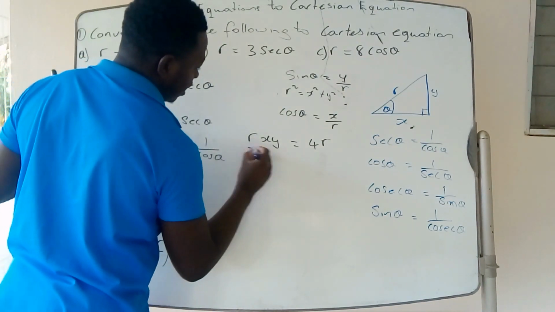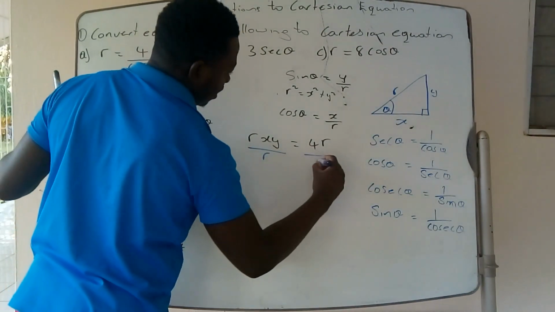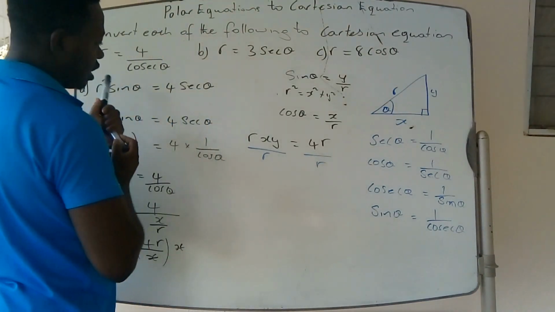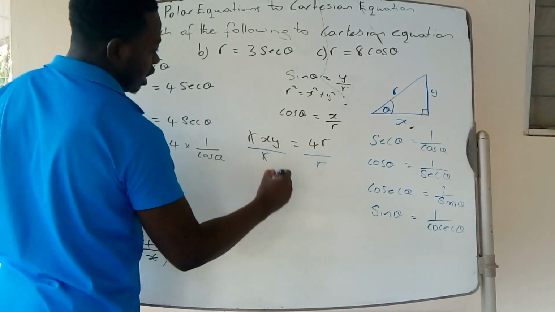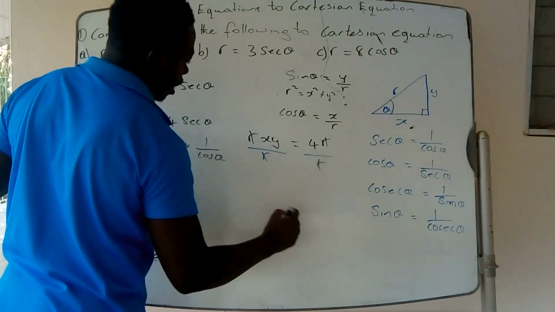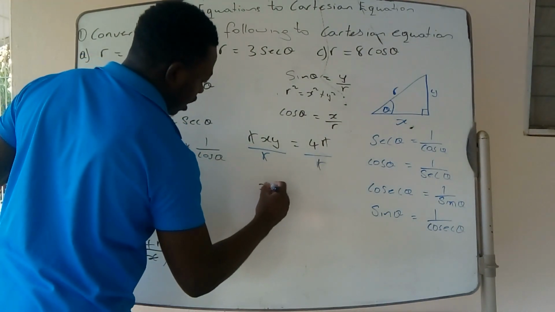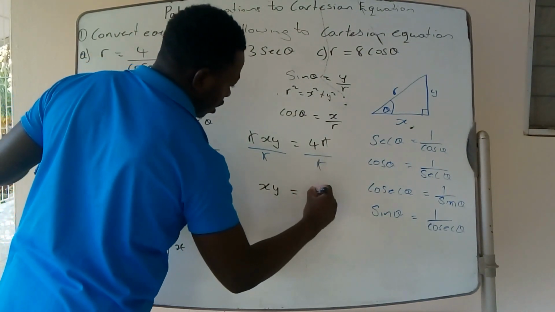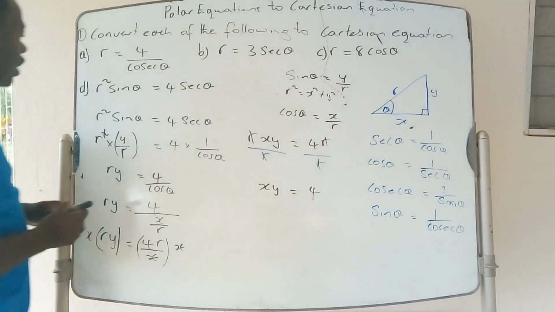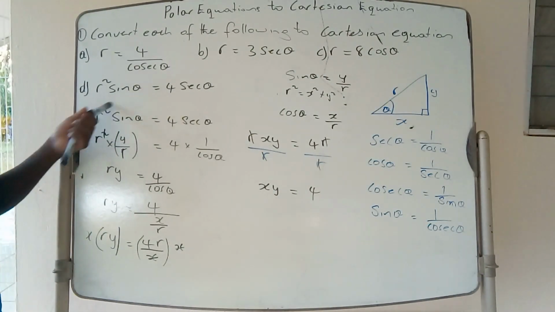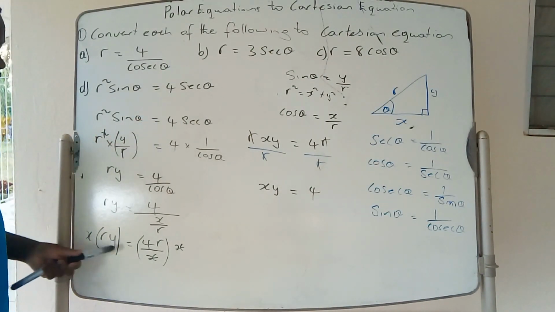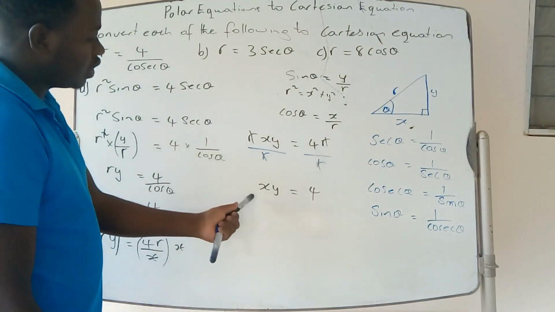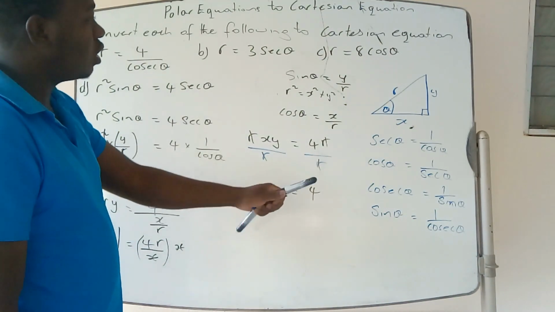If we divide this side by r and this side by r, then r cancels out, and all we're left with is just xy equals 4. So when you convert this polar equation to a Cartesian equation, it is just xy equals 4.